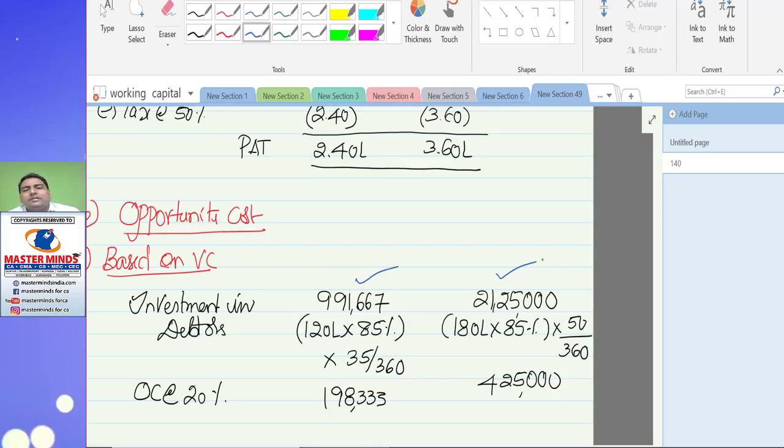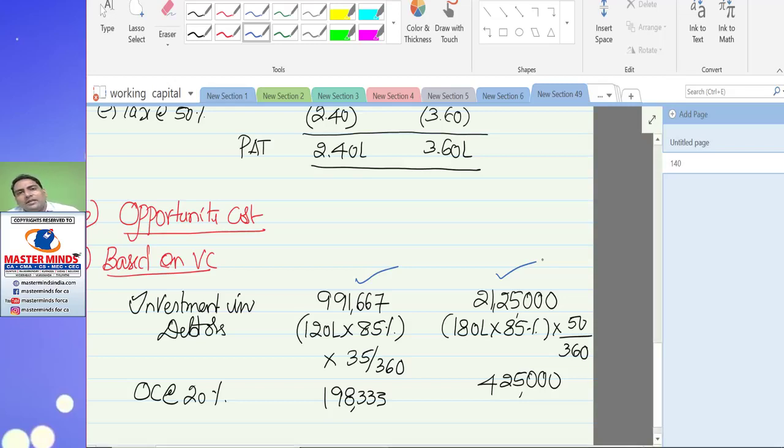Logic is quite simple. Investment in debtors based on sale value consists of variable cost plus profit. So when you take investment in debtors at variable cost, you must consider 85% of that.